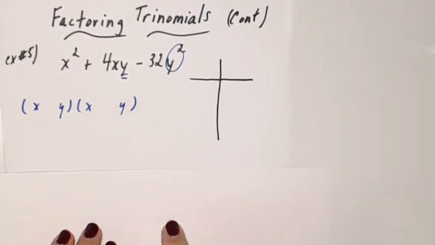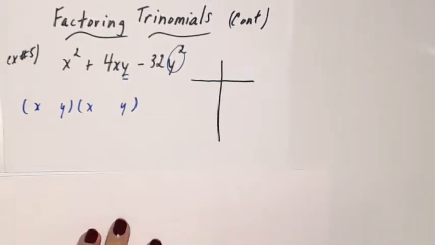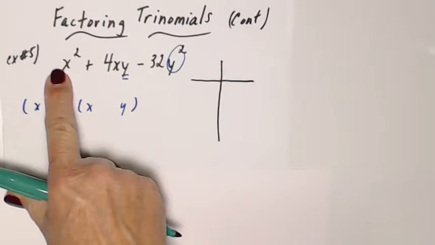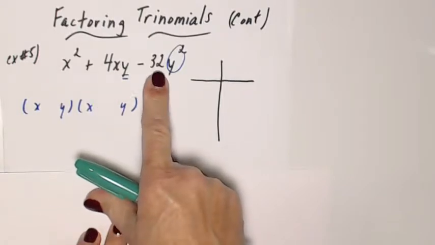Now we can proceed business as usual to find the coefficients that are going to go inside our factors. So to start that process, we multiply the coefficient from this first term by the coefficient from the last term.